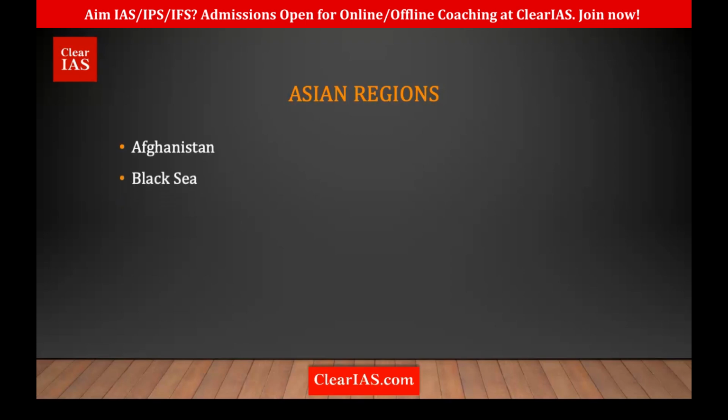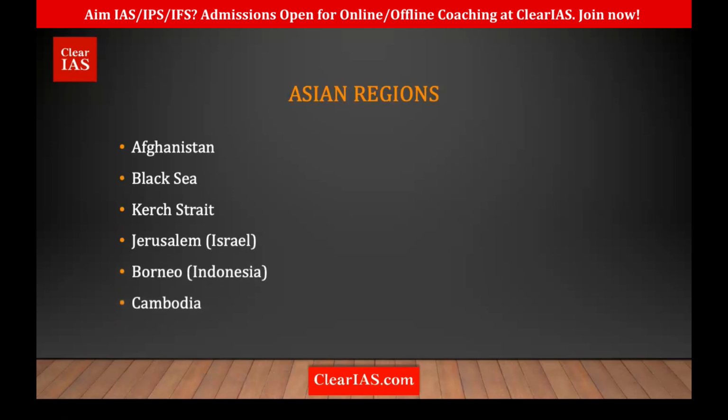We have Afghanistan, Black Sea, Kerch Strait, Jerusalem, Israel, Borneo in Indonesia, Cambodia, and Semeru volcano. This part we can say is in West Asia, except for Black Sea and Kerch Strait. It's because of the Russia-Ukraine war.